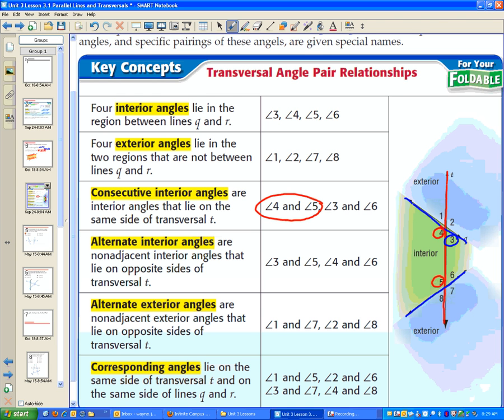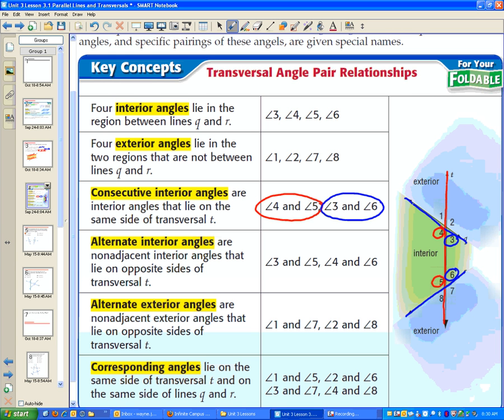Angle 3 and angle 6 are a separate pair of interior angles on the same side of the transversal. They form another pair of consecutive interior angles. Some books call them same side interior instead of consecutive interior. Same side interior is a little more descriptive, isn't it? They're on the same side of the transversal.